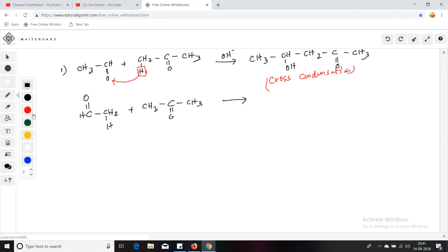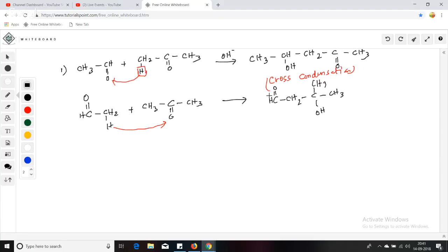What happens in this? This hydrogen joins with this oxygen, and this carbon joins. This carbon has two CH3. So the product is this: this carbon and this carbon join, so we write CH2C(CH3)2OH, and this we have CHO.